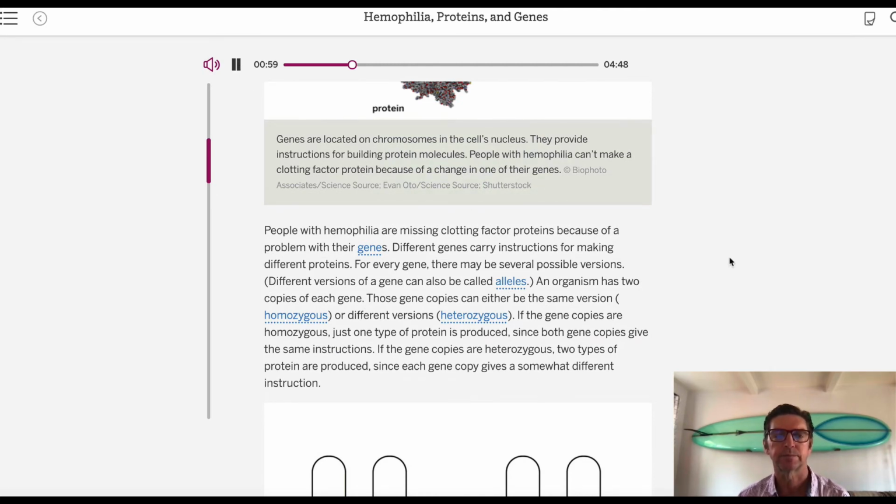For every gene, there may be several possible versions. Different versions of a gene can also be called alleles. An organism has 2 copies of each gene. Those gene copies can either be the same version, homozygous, or different versions, heterozygous.